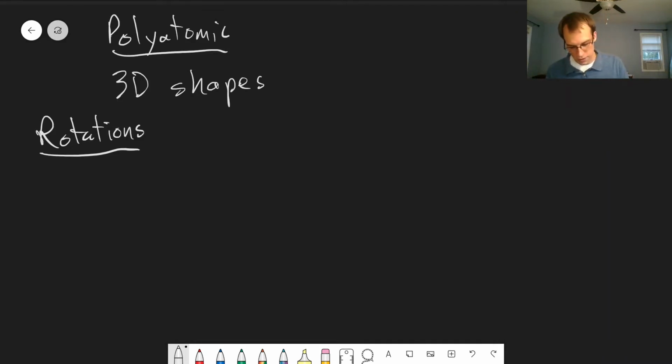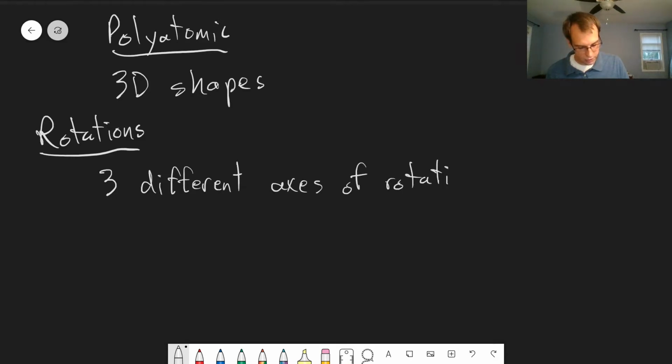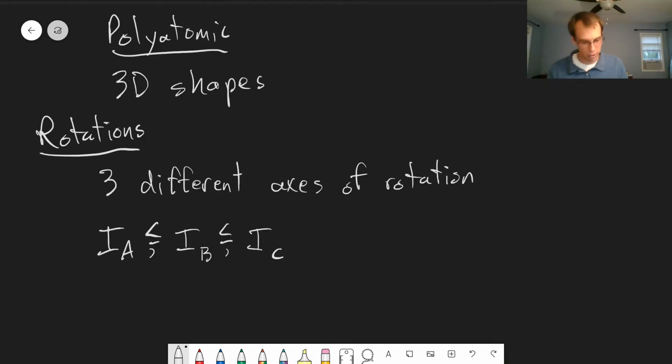So for rotations for our three-dimensional molecules, we have three different, generally, axes of rotation. And each of those will have its own associated moment of inertia. So we label them A, B, and C: IA, IB, and IC. By convention, IA is less than or equal to IB is less than or equal to IC.